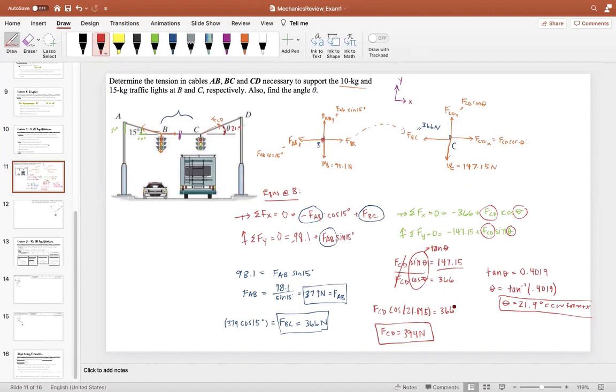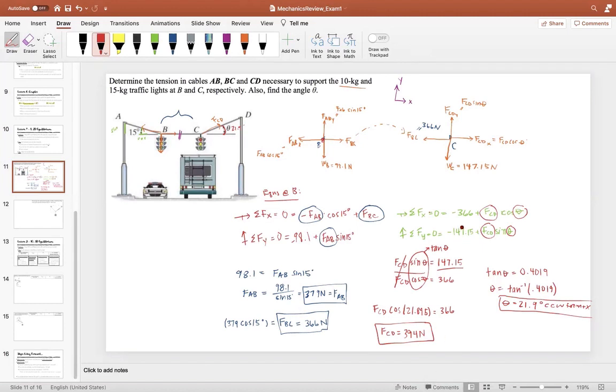I used 366, so I got 394.46, which would have rounded down to 394 for me. Yeah, it's just a matter of rounding, I'm sure. But again, that's close enough to the right answer that you'll be fine.